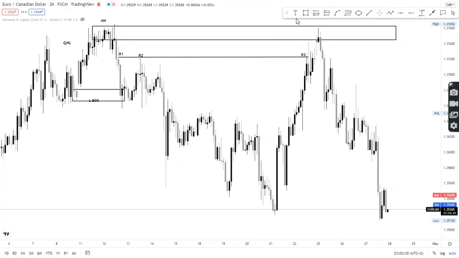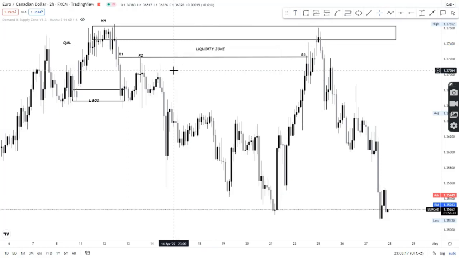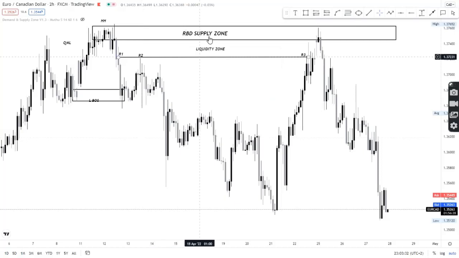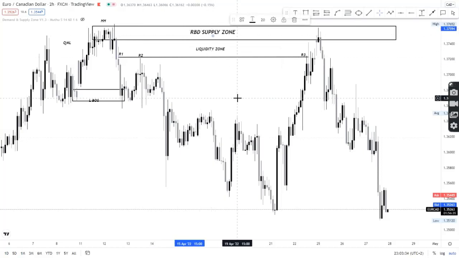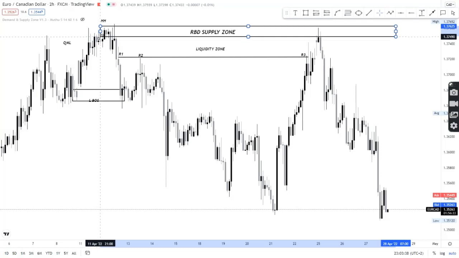So this is the liquidity zone right here, and then we have the rally base drop supply zone. This is the RBD supply zone. Something like that.